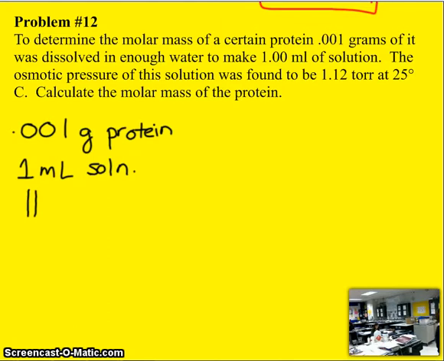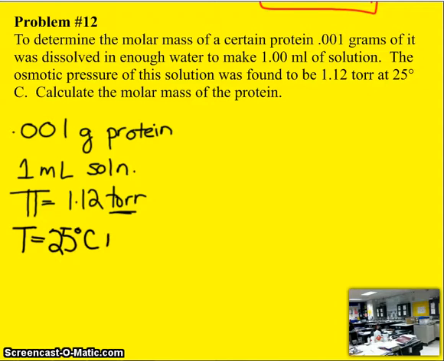The osmotic pressure is 1.12 torr at 25 degrees Celsius, which of course our temperature always has to be in Kelvin. So we add 273 to that, and we get our 298. Okay. Calculate the molar mass of the protein.